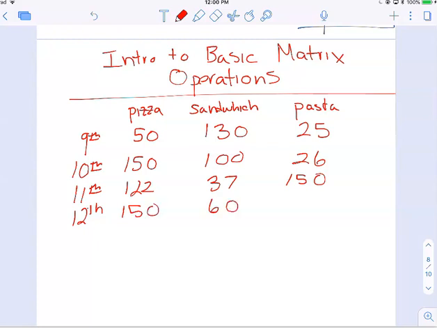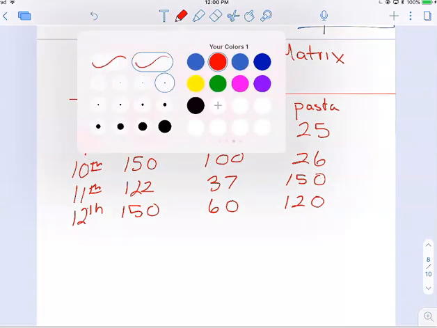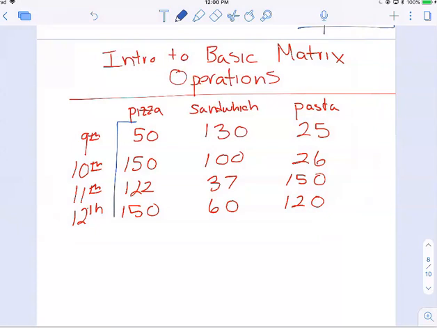150, 60, and 120. So the way you organize this is called a matrix. And a matrix is made up of rows and columns. And you'll see these little brackets around it. So this matrix, you always name a matrix by row by column.